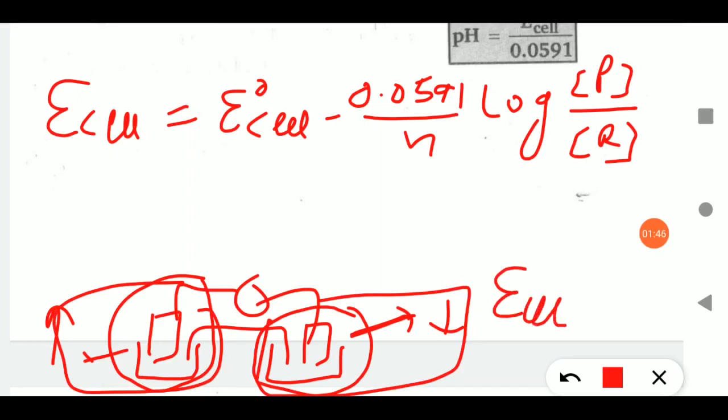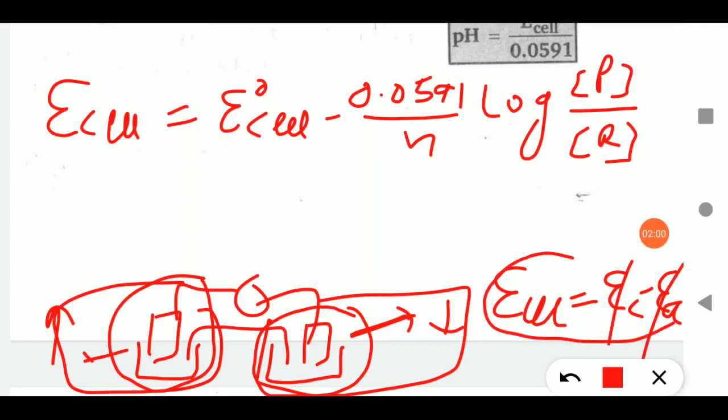E cell is the reduction potential of the cathode minus the reduction potential of the anode. If both have the same reduction potential, the value of E cell will be 0. This stage is known as the stage of equilibrium.